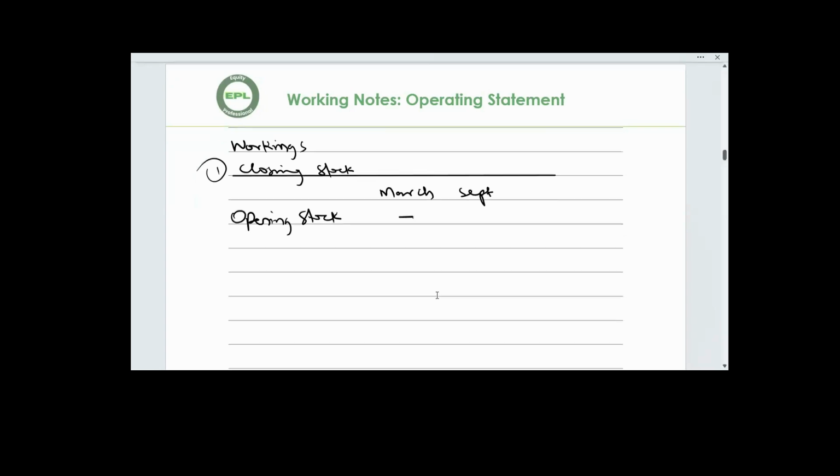The first thing you are going to do is to take the opening stock in units. The opening stock in units for the period ending March is 0. We don't have any. So you are going to add actual units produced for the period.